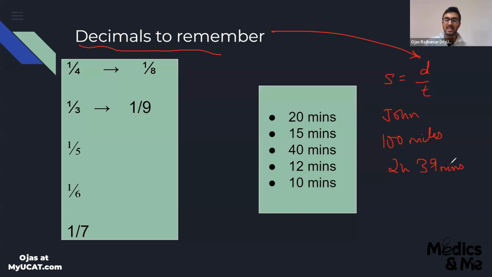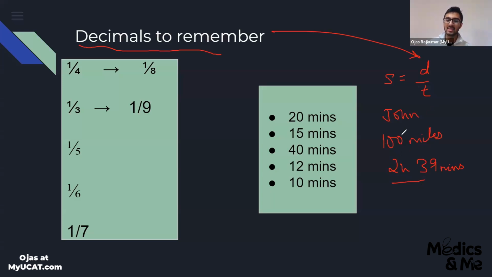Well, to work out his speed in miles per hour, you're going to waste a lot of time if you try and use the calculator for everything and work out 39 plus 120, divided by 60, to get the number of minutes. So converting minutes to hours on your calculator could waste time.